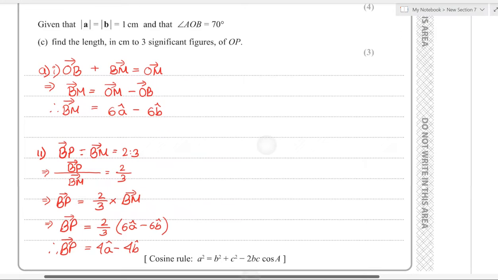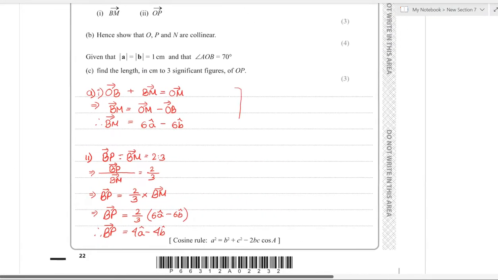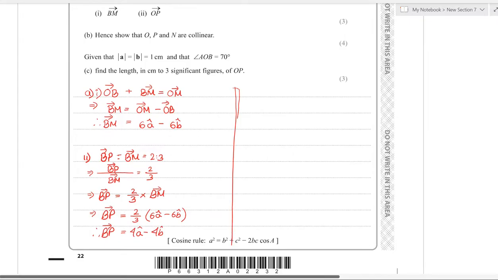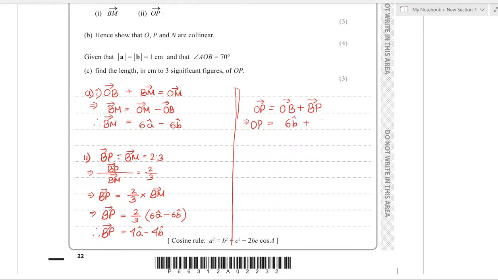So the equation will be OP equals OB plus BP, and OP would be, OB is 6B plus BP is 4A minus 4B. So 6B minus 4B is 2B. So the value for OP is 4A plus 2B. So this is the end for part A.